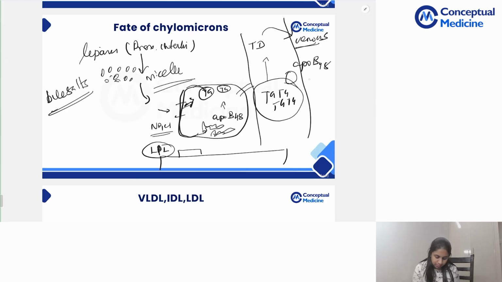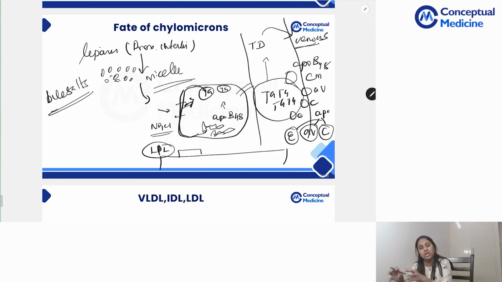HDL donates some of its apoproteins. It donates ApoA, ApoC, and to a certain extent ApoE. He is a donor, a great donor. He will donate all these apoproteins to your chylomicron. And now the chylomicron receives all these ApoA, ApoC, and ApoE, and it is slowly moving in your venous circulation.